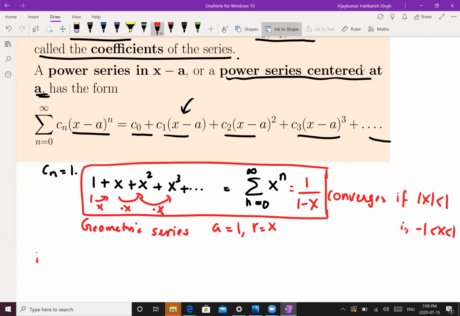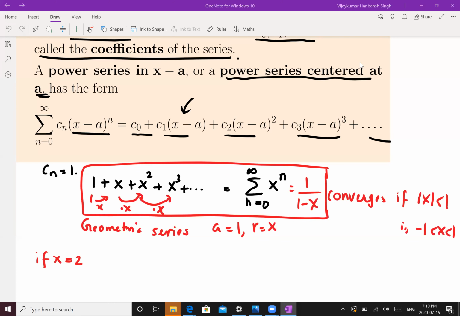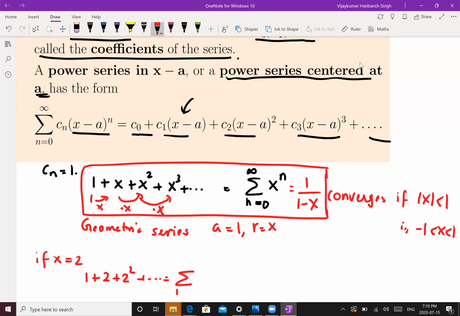For example, if you take x equals 2, you get 1 plus 2 plus 2 squared and so on, which is the summation of 2 to the n on one side, and on the other side we get 1 upon 1 minus 2, which is minus 1.